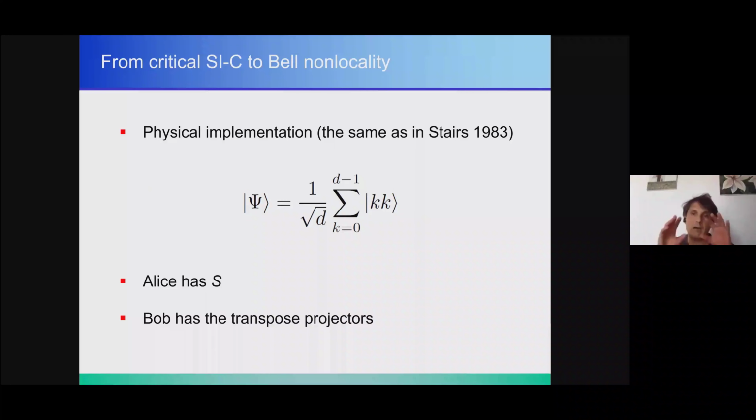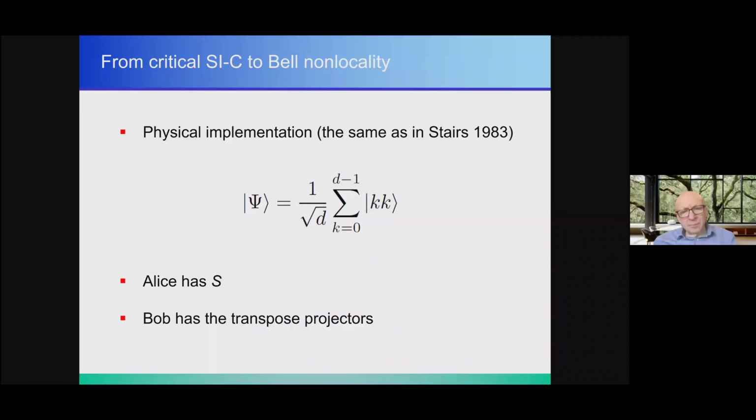Then there's how to transform this SIC set into an example of Bell nonlocality. And here there are two ingredients. One is well-known since long ago, the physical implementation. Here, if the set of projectors is in a Hilbert space of dimension D, we prepare a maximally entangled state of two particles of dimension D. This idea was originally proposed by Alan Stairs in 1983 and simultaneously by Heywood and Redhead.